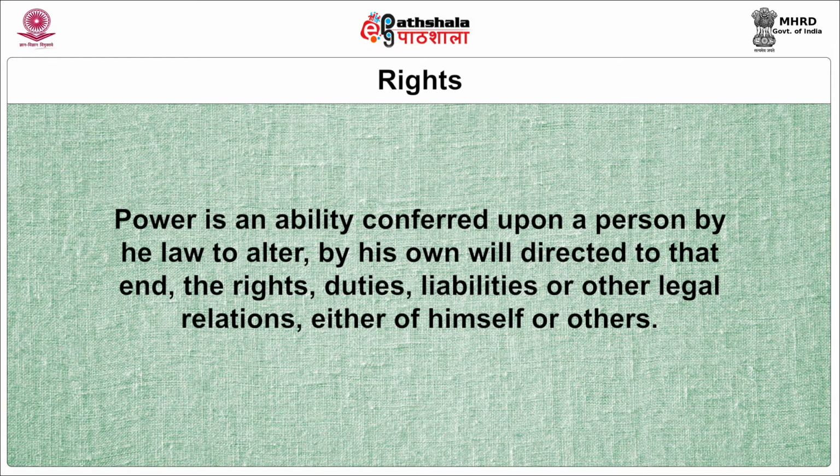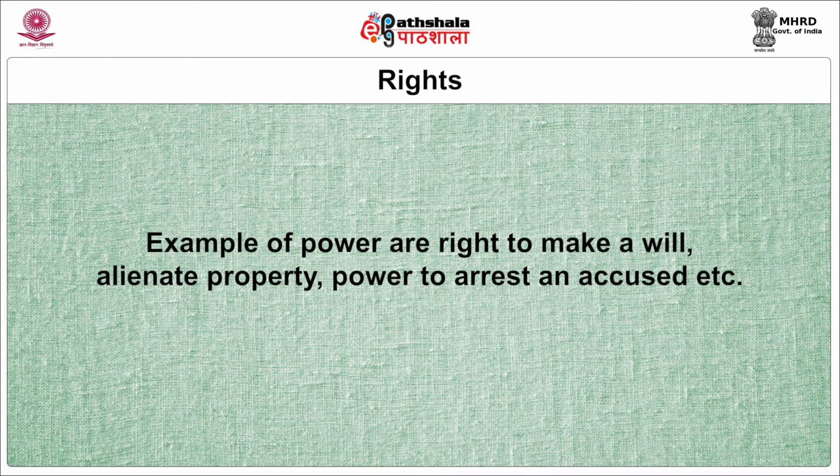Power is an ability conferred upon a person by the law to alter, by his own will directed to that end, the rights, duties, liabilities, or other legal relations, either of himself or others. Examples of power are the right to make a will, to alienate property, the power to arrest an accused, etc.